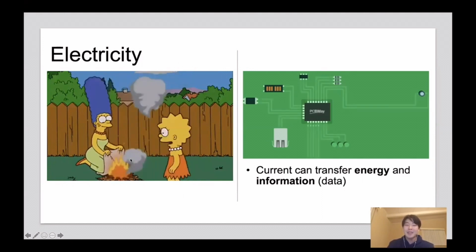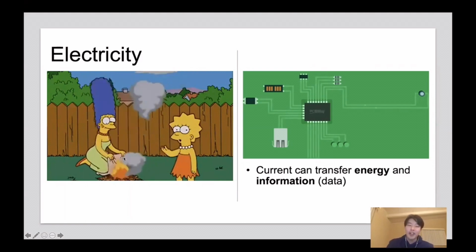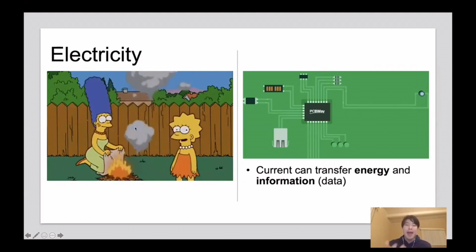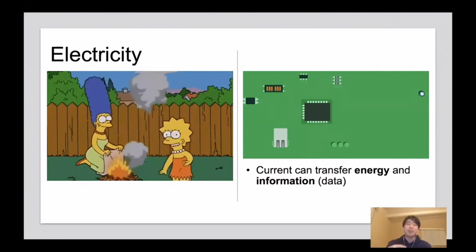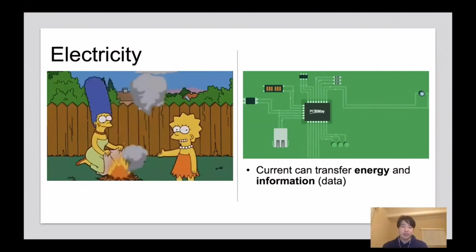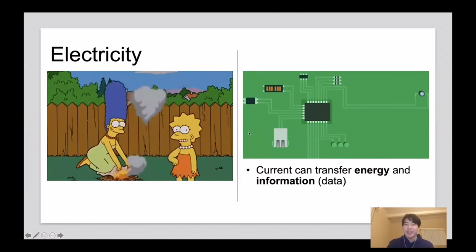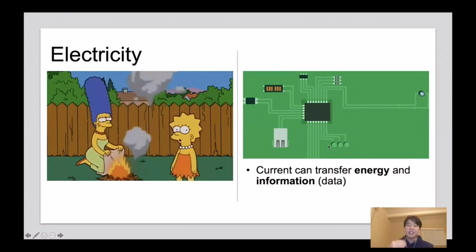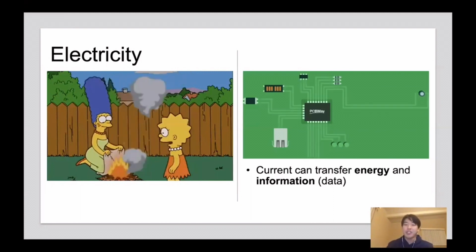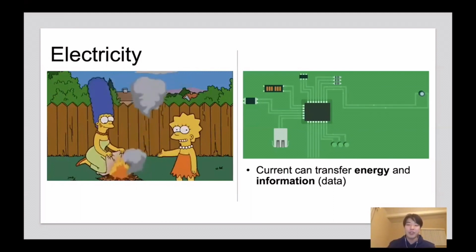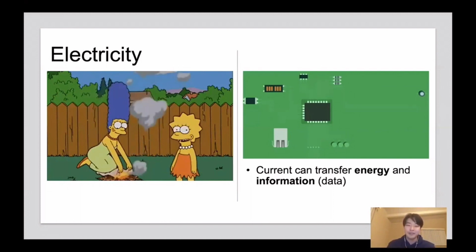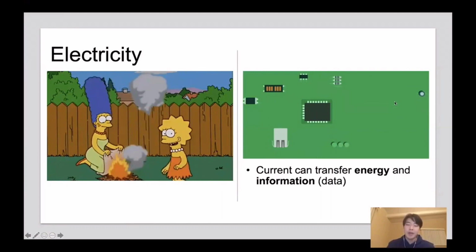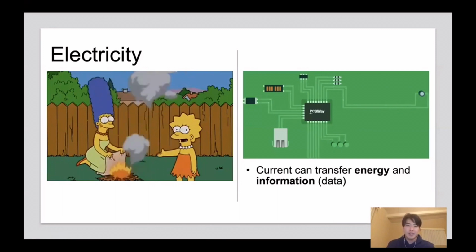By letting some of the smoke go on and off, and on and off, she can create some sequence or pattern of smoke that other people from far away can understand. Same thing for electricity. By letting current flow or not flow in a certain pattern, the machines can understand each other. So this is why we learned a little bit about electricity, right?